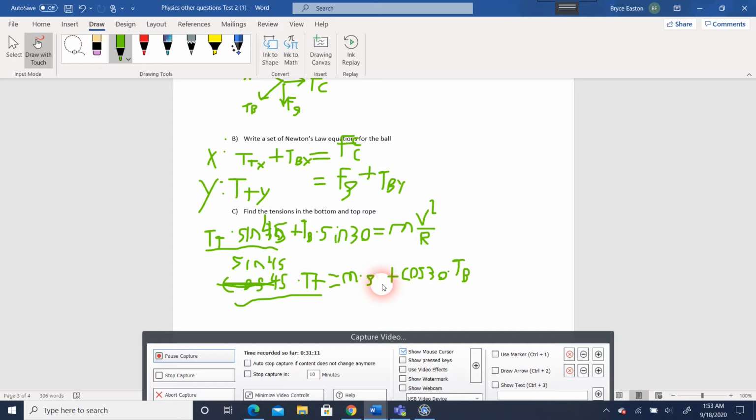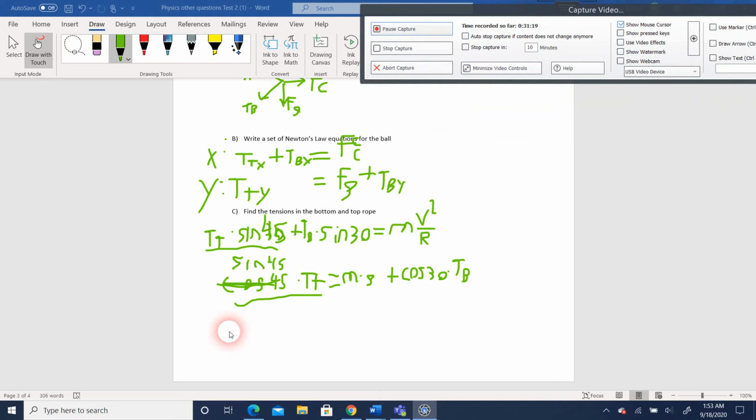So we can just substitute this equation into here, which will give us mg plus cosine 30 multiplied by TB plus sine of 30 also times TB equal to mass times V squared over R.